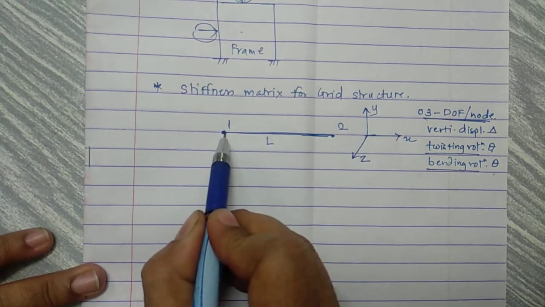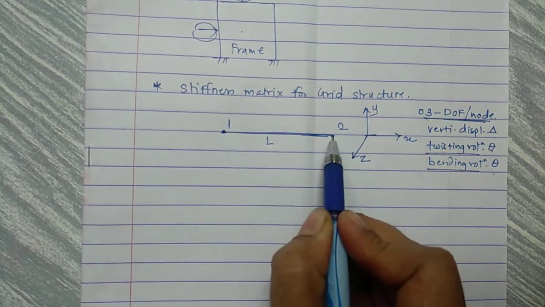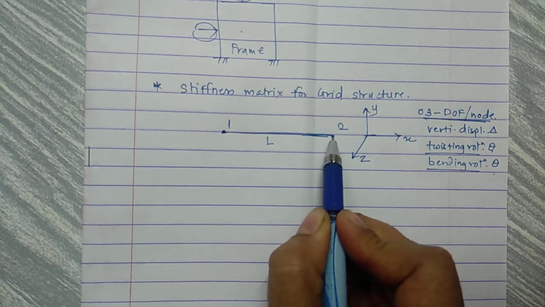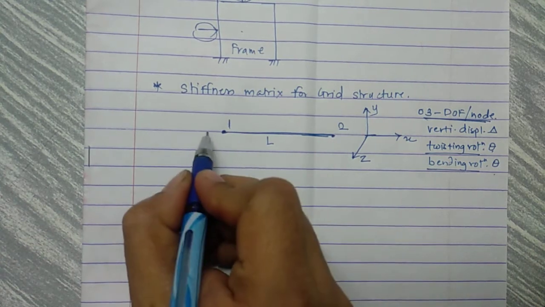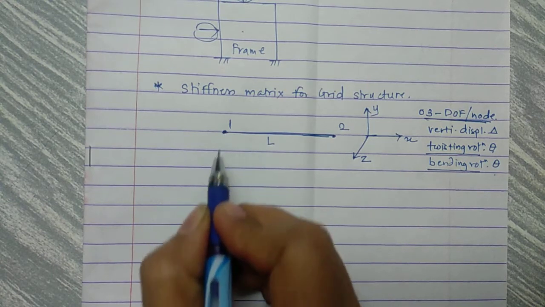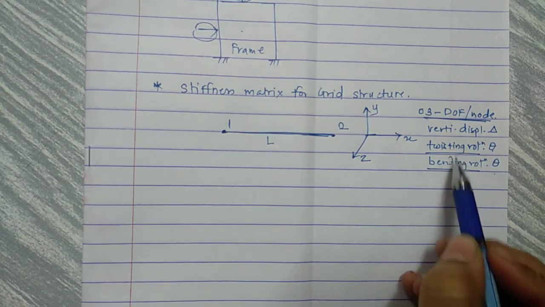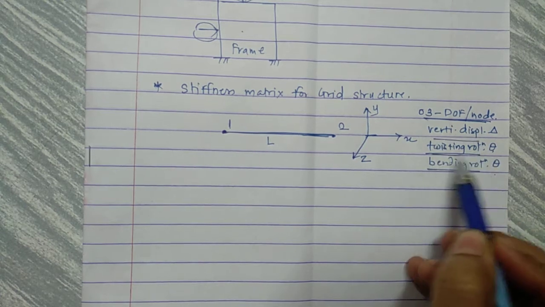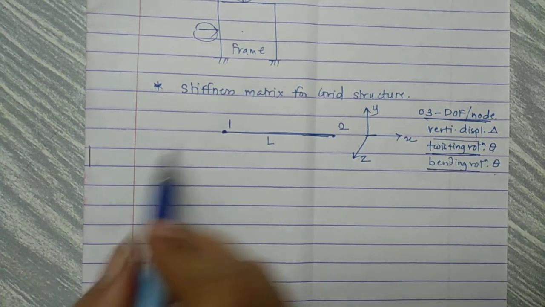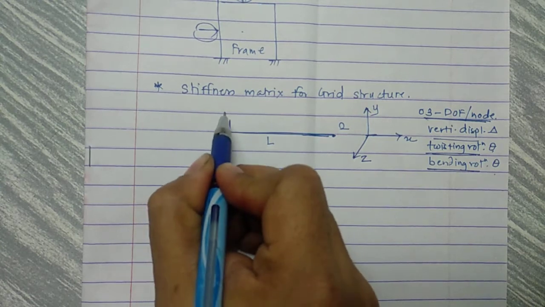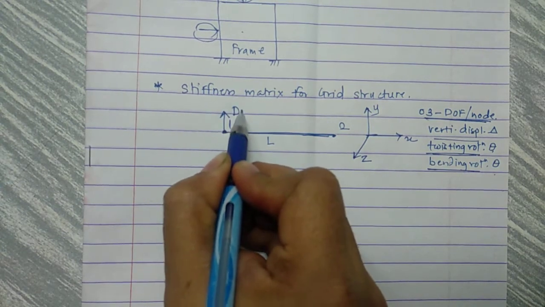For the member, node 1 has 3 degrees of freedom and node 2 has 3 degrees of freedom, so the total is 6. Let us move with D1, D2, D3 in this sequence only: vertical displacement, twisting rotation, bending rotation. So first, vertical displacement, this is D1.